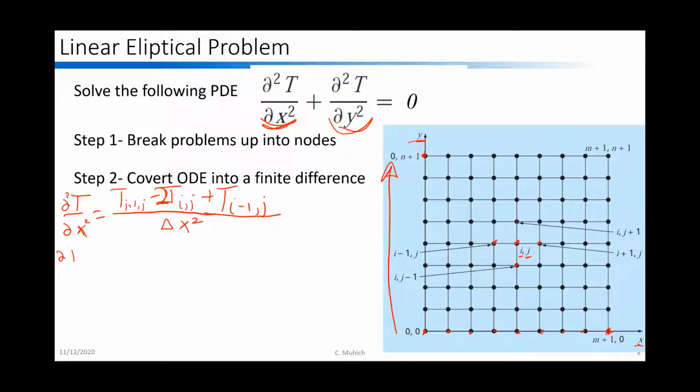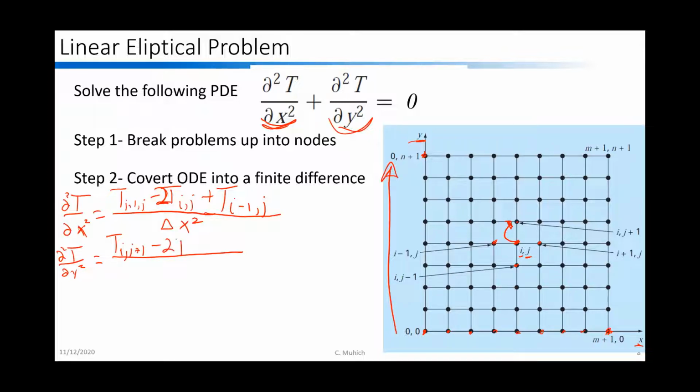Okay, I can do the same thing for partial squared t partial y squared. So now I'm going to change t only in the y direction. So if I'm at this point, I'm going to go up. So that's still at point i, but now it's at j plus 1.